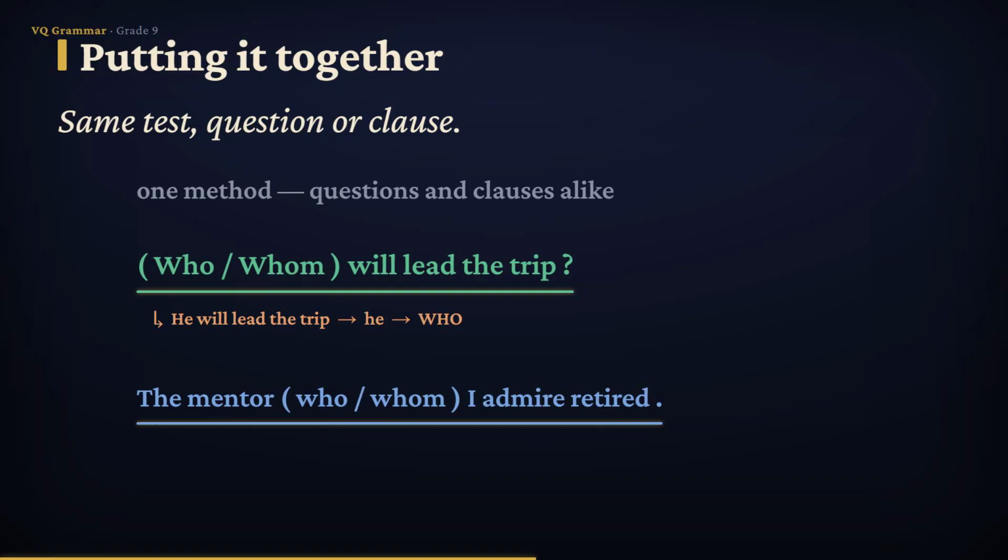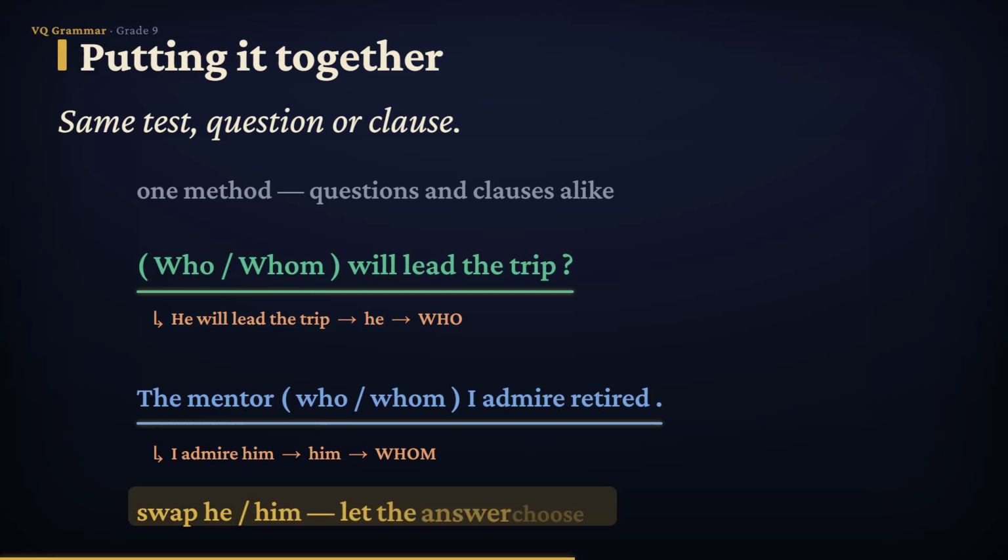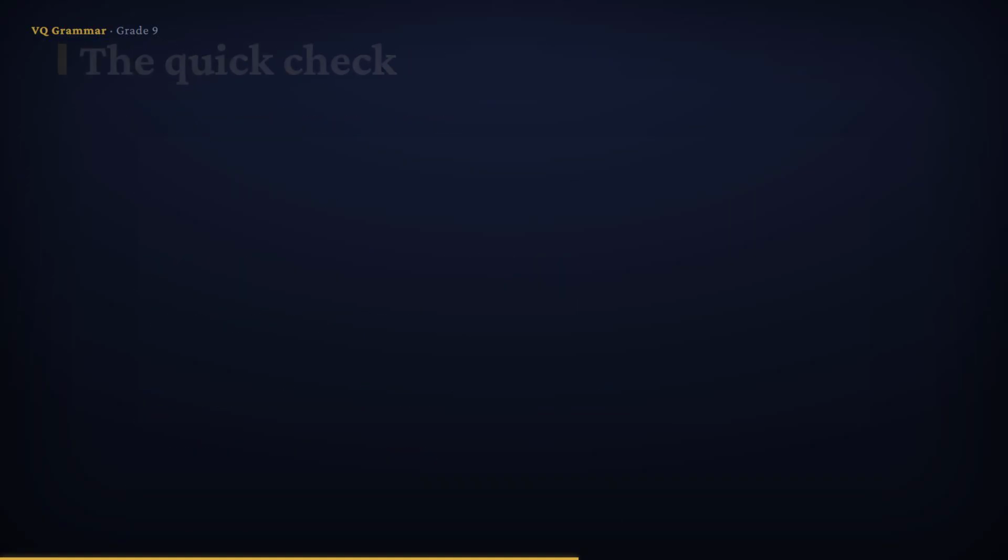Isolate the clause. I admire who or whom, and test it. I admire him. Him fits, so we choose whom, the object of admire. Notice it's the very same move whether it's a question or a clause. Swap in he or him and let the answer choose the word for you.